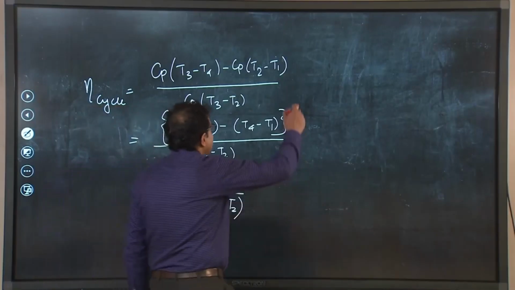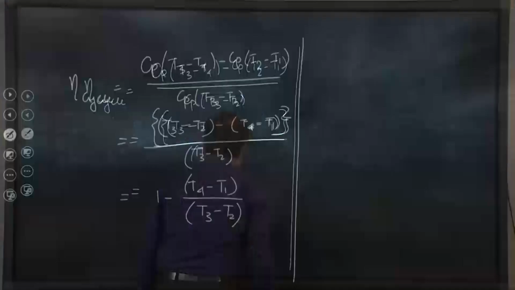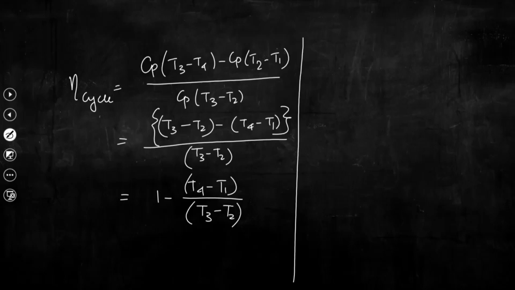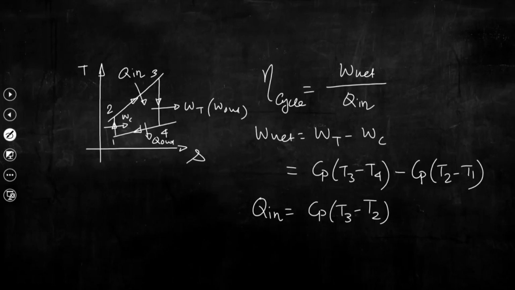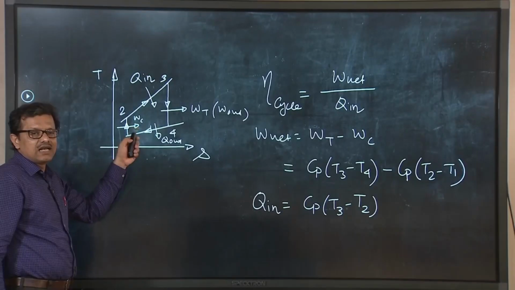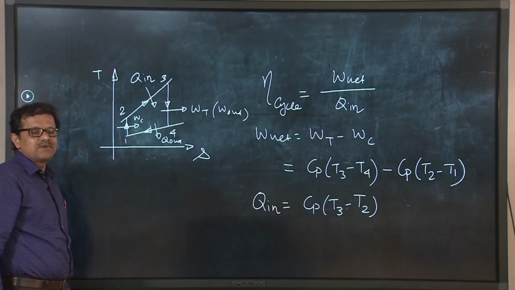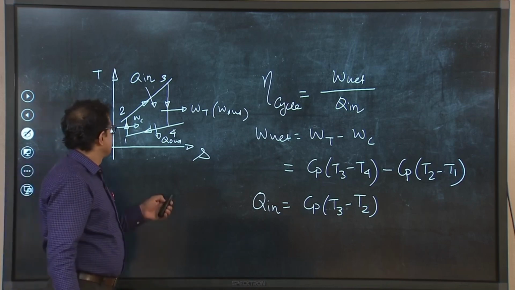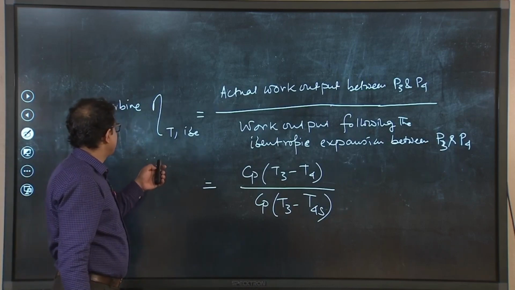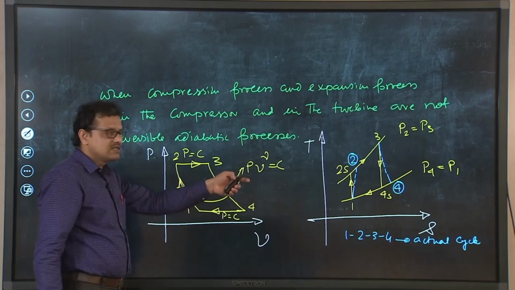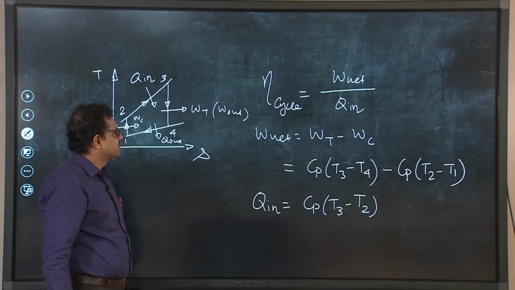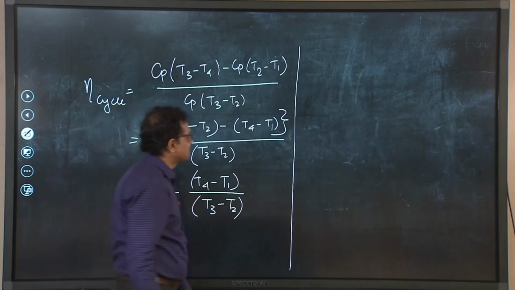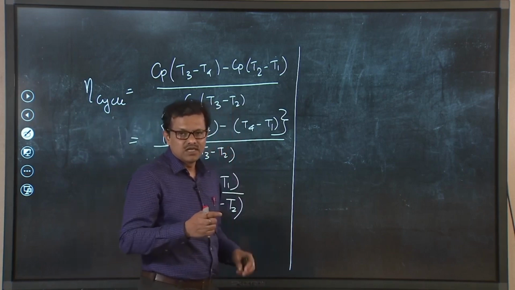Now we can again rewrite this. If we try to recall the process 1 to 2, a few minutes back I discussed that this is essentially a reversible adiabatic compression, represented by the process Pv to the power gamma equal to constant. So, we can write what would be the rise in temperature due to the compression process.